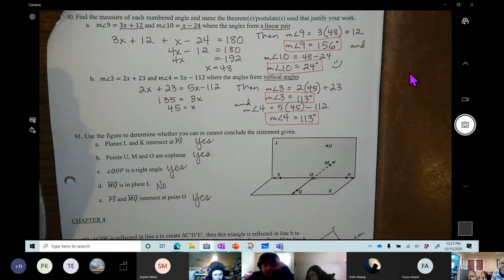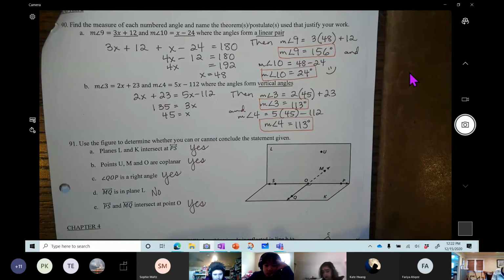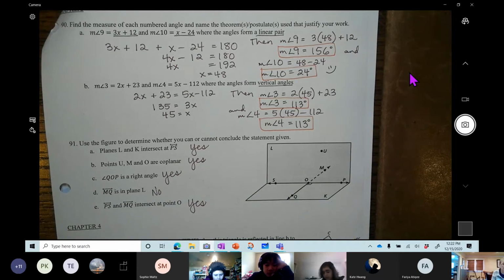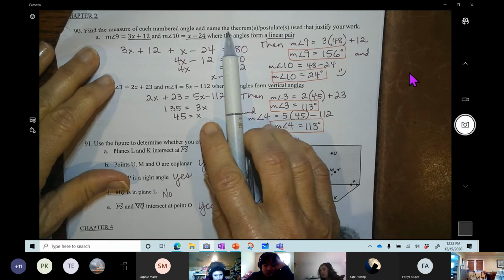Number 90, there's a couple of questions that I really wanted to make sure that you could answer. So this is sort of a throwback to chapter 2, because they're definitions, but the equations are what I really wanted to see from you. It says to name the postulate. I didn't, but we'll talk about it in a second.